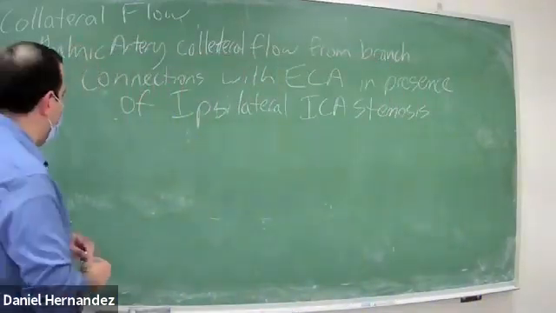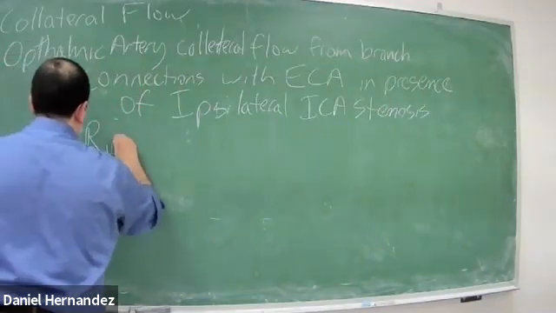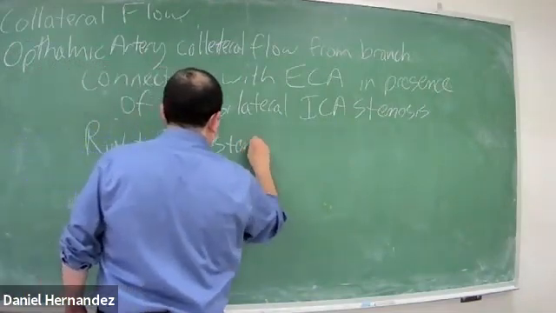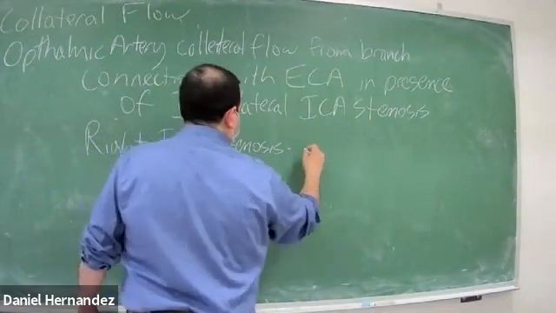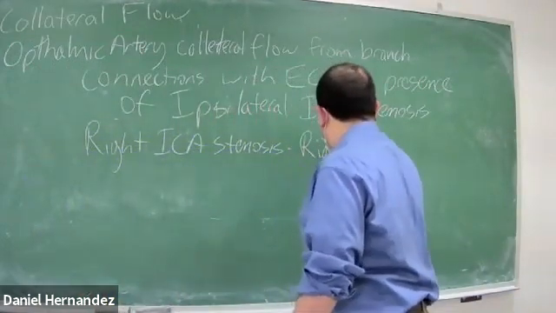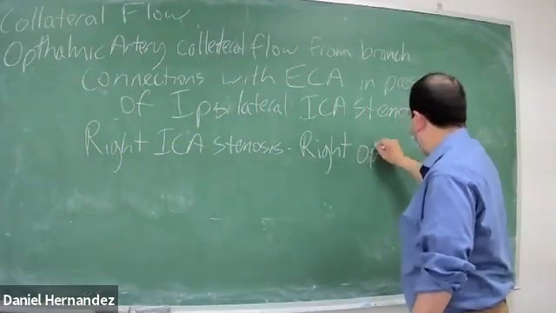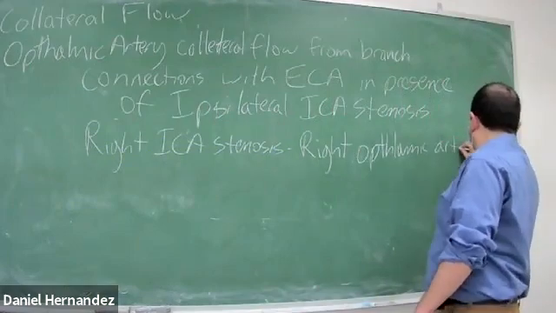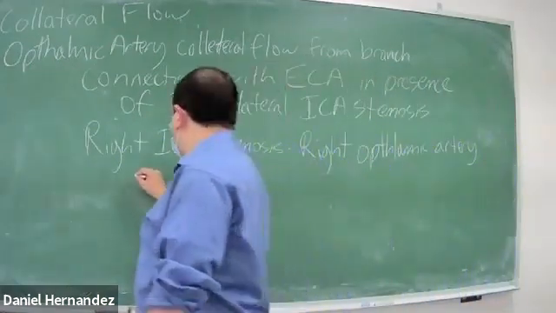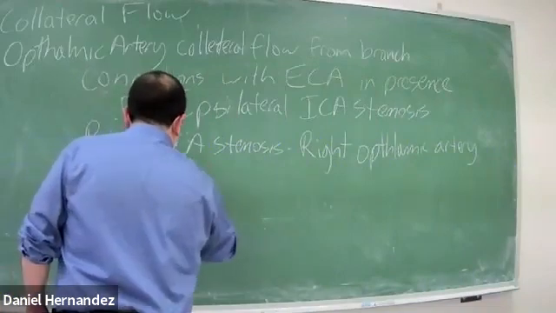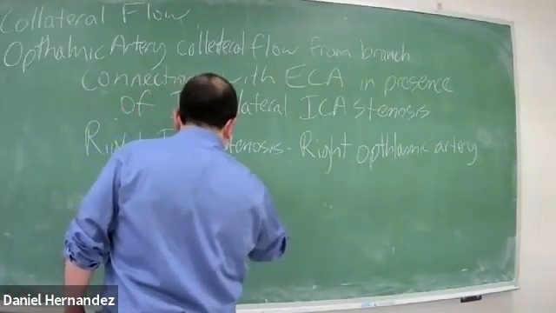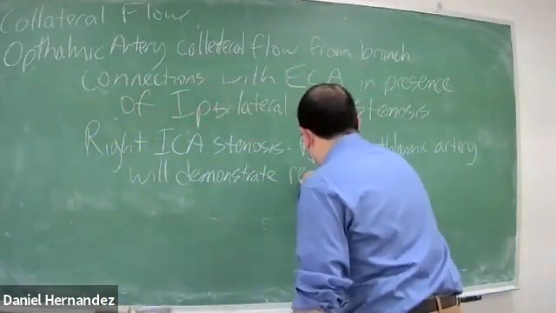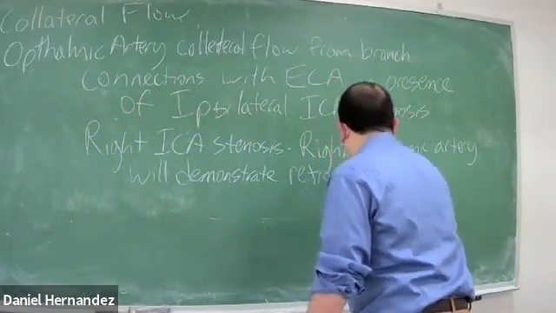What that means is, if we have right ICA stenosis, the right ophthalmic artery will demonstrate retrograde.